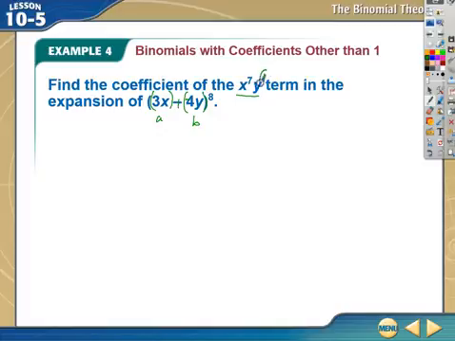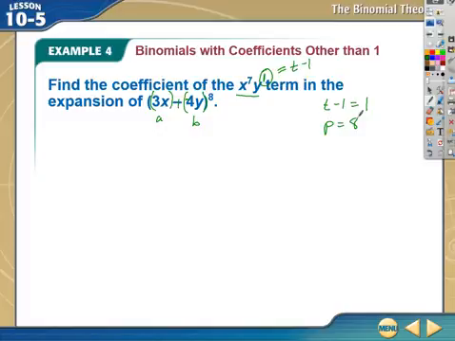But more importantly, if I go up and take a look at my formula, this is equal to t minus 1. So that means that t minus 1 is equal to 1. And what do I know about my power? My power is equal to 8. And now I just fill in.